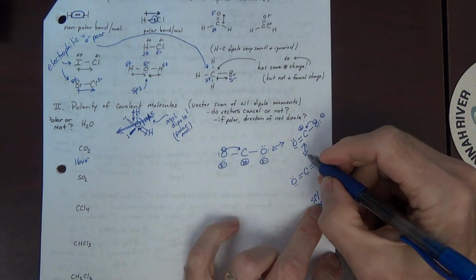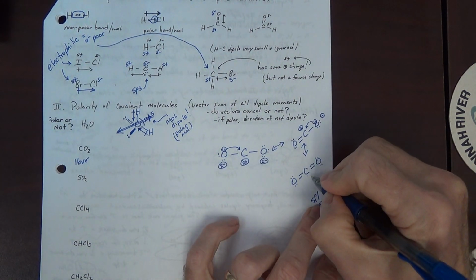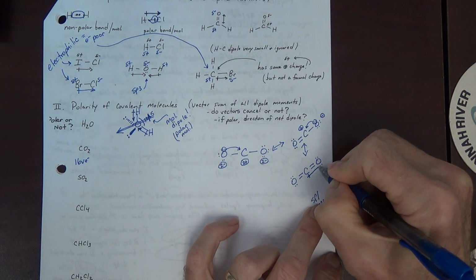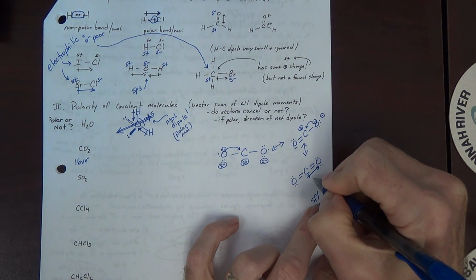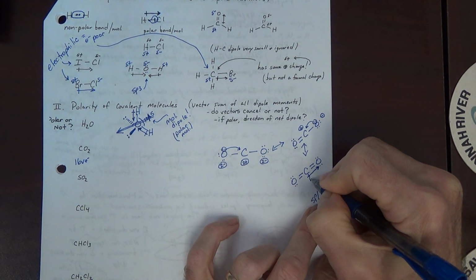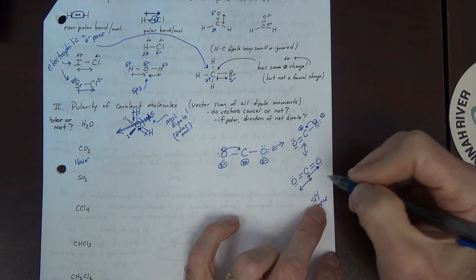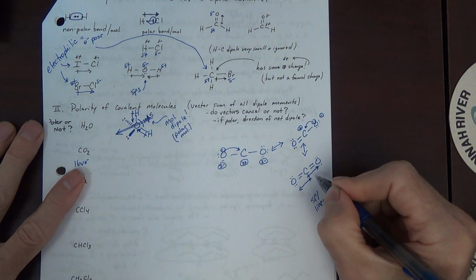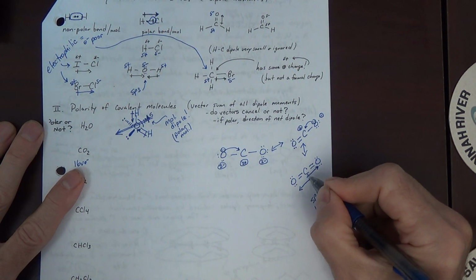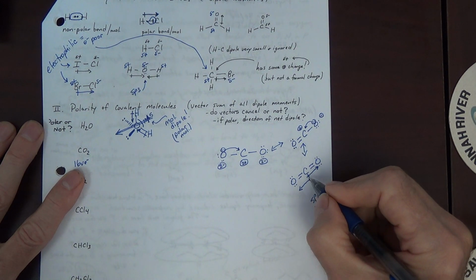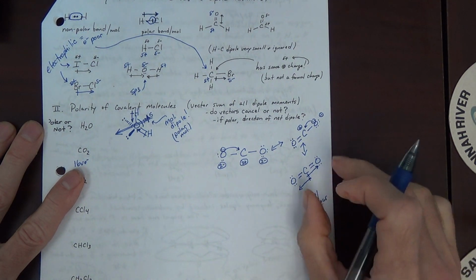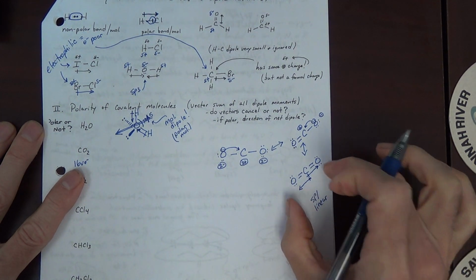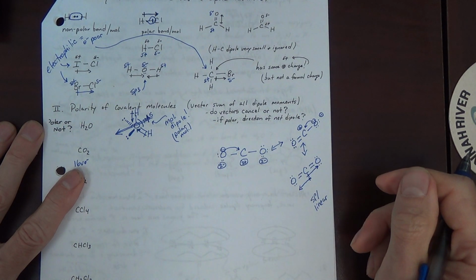We have a dipole. Oxygen is pulling. And oxygen is pulling. Those 2 dipoles are equal. Both involve C and O. They are also exactly opposite because of the linear arrangement of the 2 CO double bonds.